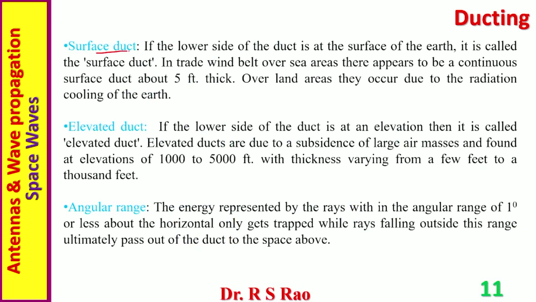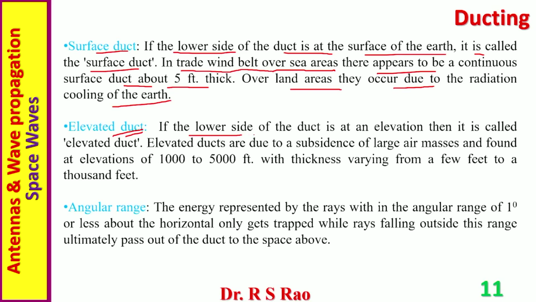Ducting continued. Surface duct: if the lower side of the duct is at the surface of the earth, it is called a surface duct. In the trade wind belt over sea areas, there appears to be a continuous surface duct about 5 feet thick. Over land areas, they occur due to the radiation cooling of the earth.